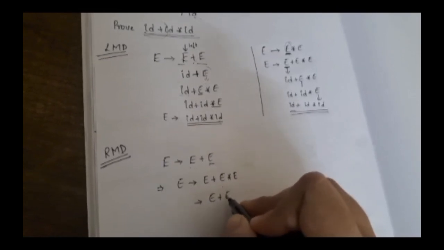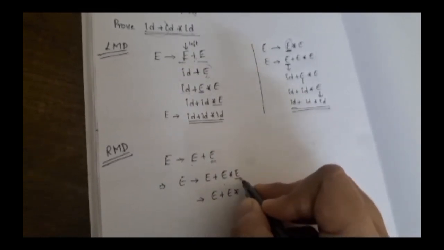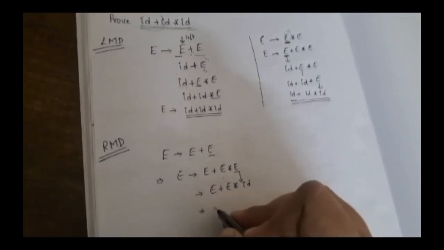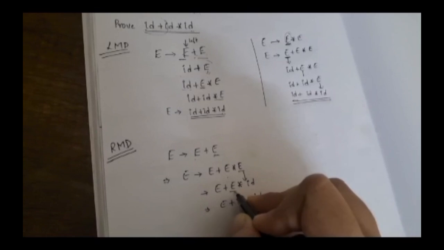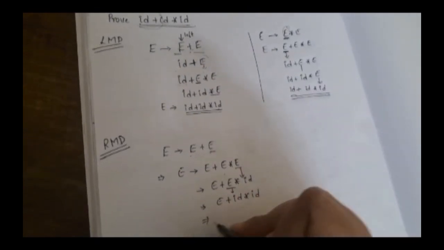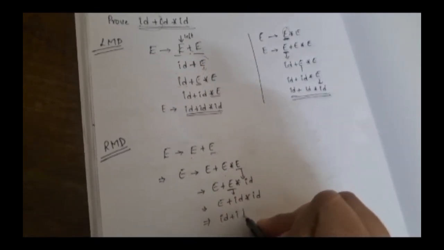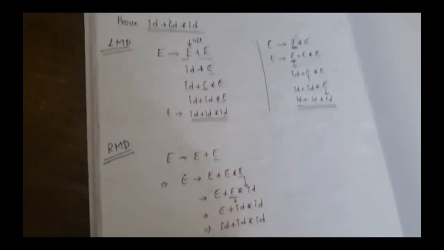So again I'll write E plus E, and instead of this E, I will write ID. Similarly, E plus ID star ID. Now I replaced this with ID. And finally, ID plus ID star ID.